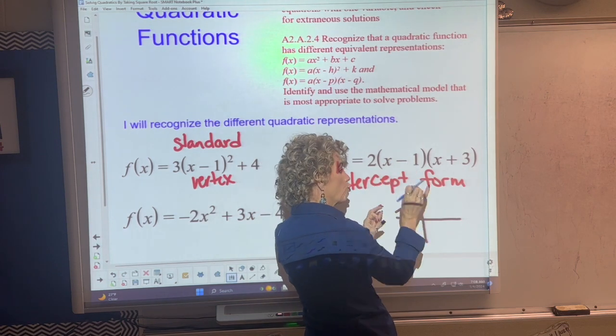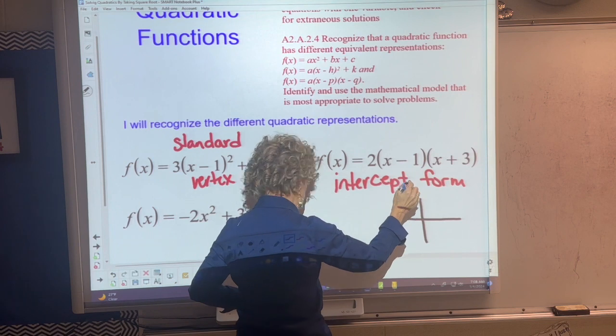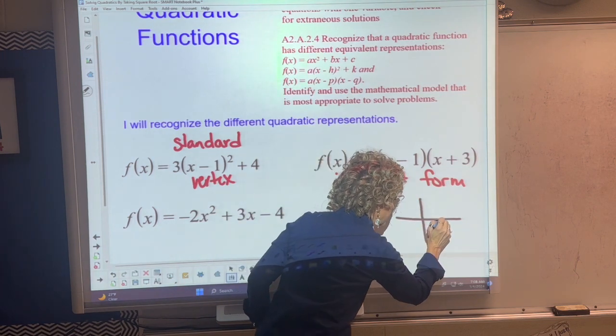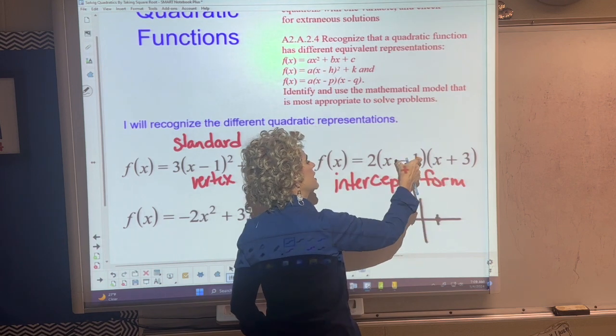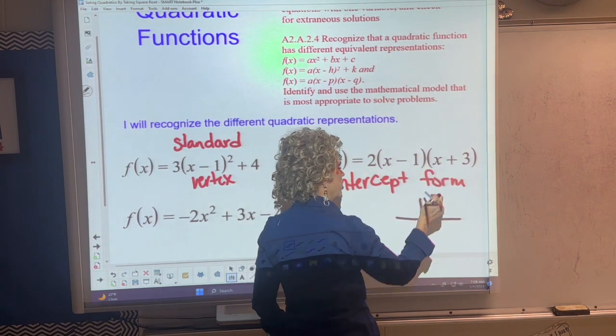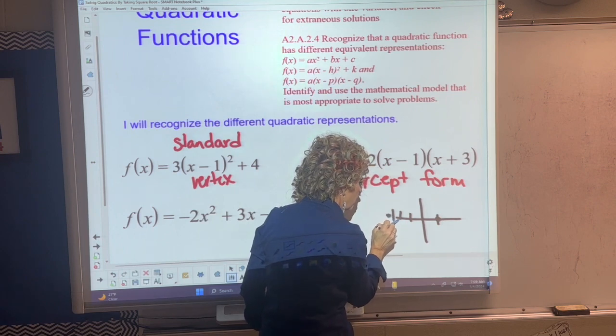I'm going to cross my x-axis at a +1. So I'm going to cross it right here. And then at a -3, because remember these are opposite of what they appear, so it'd be 1, 2, 3. So it's going to cross here.